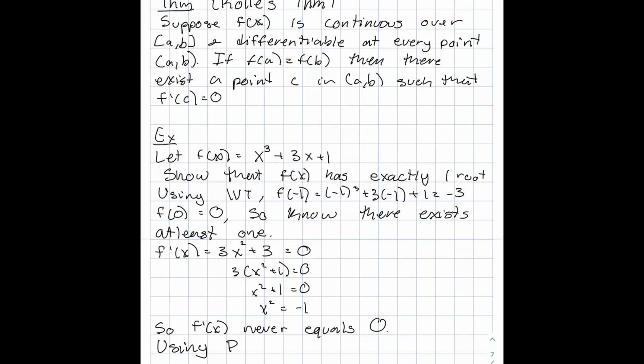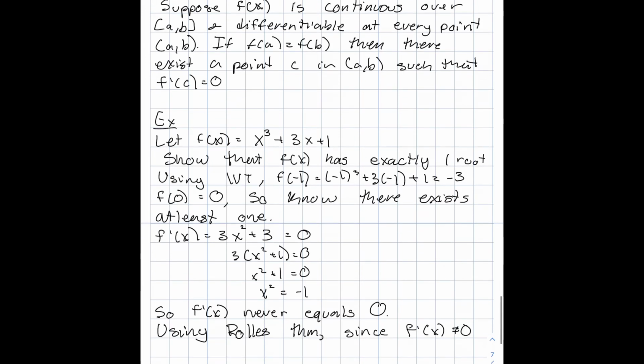So using Rolle's theorem, since f prime of x does not equal 0, there does not exist a c such that f of c equals 0.